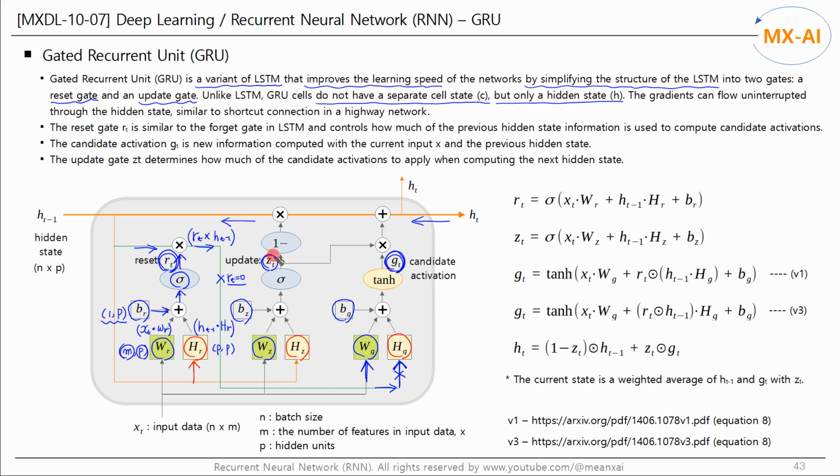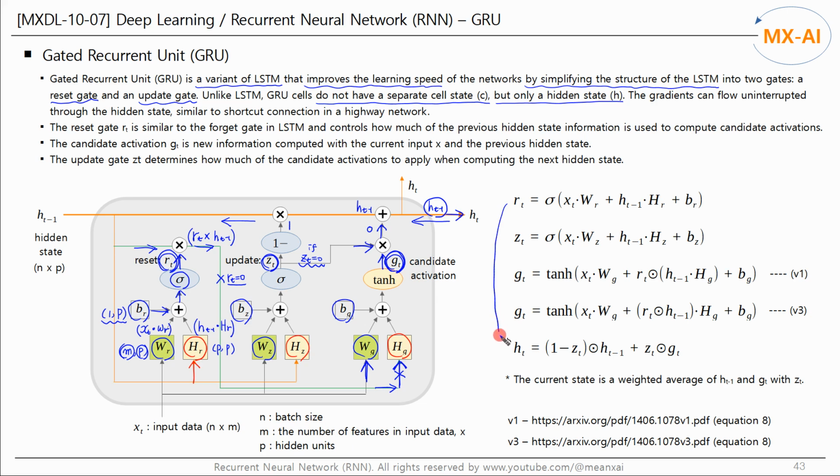The update gate ZT determines how much of the candidate activations to apply when computing the next hidden state. If ZT is 0, since this output is 1 and this output is 0, HT is kept as the previous hidden state H, T-1, and passed to the next time step. This means that there is no new information to update H at this time step.